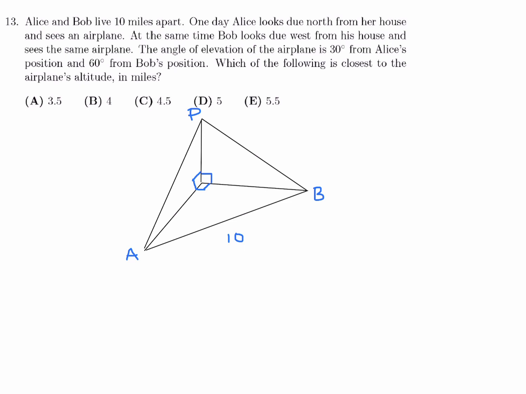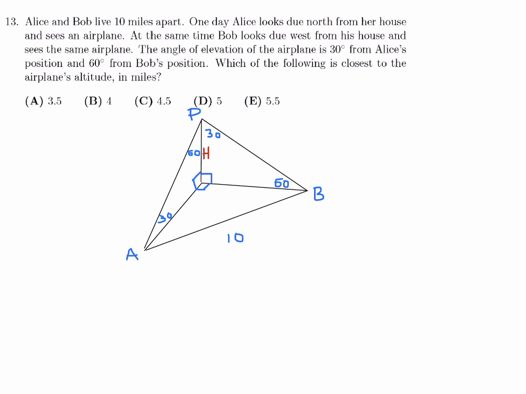And then for the angles, they tell me the angle of elevation from Alice to the airplane is 30. So this is 30. And then for Bob, it's 60. So very quickly we can get the other angles. This is going to be 30, and this angle in here will be 60. All right, I think we have everything we need to calculate the altitude. The altitude is from there to there, and I'll just call that h for height.